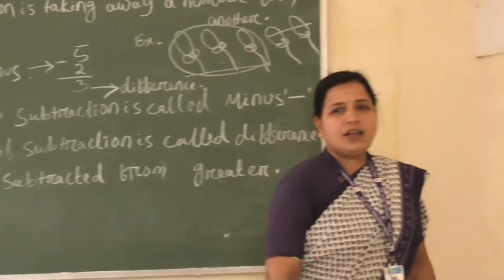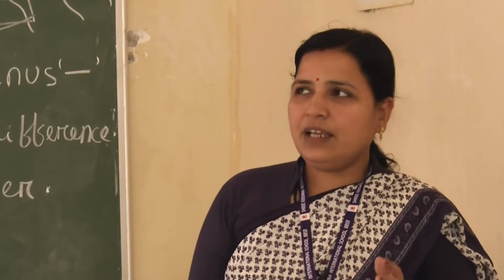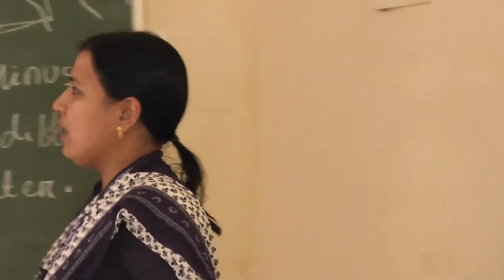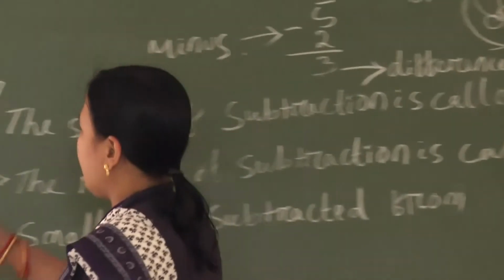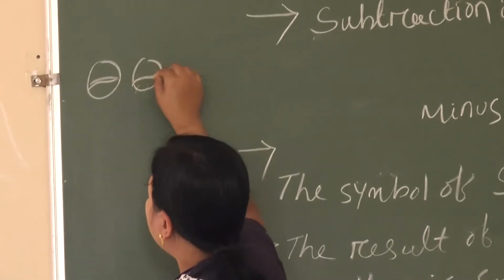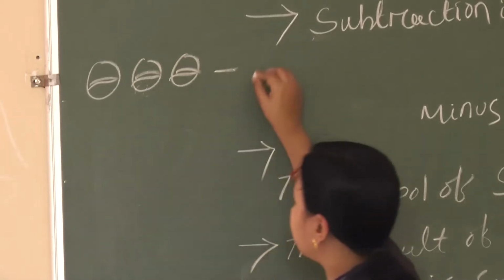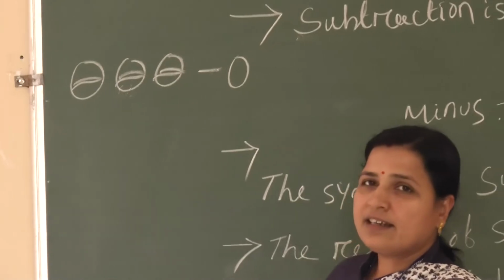Next, a new thing subtraction also has. When you subtract 0 from any number, what is the result? If you have 5 balls or 3 balls, you subtract 0 from this. What is your result?